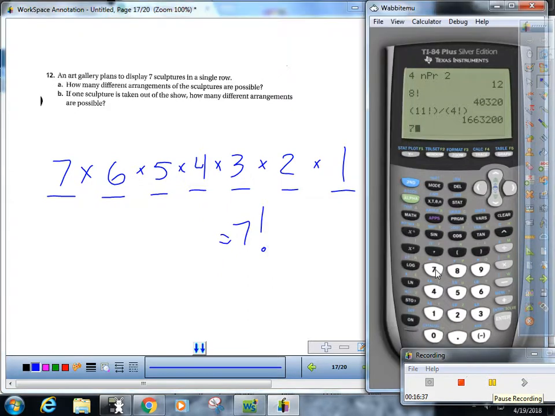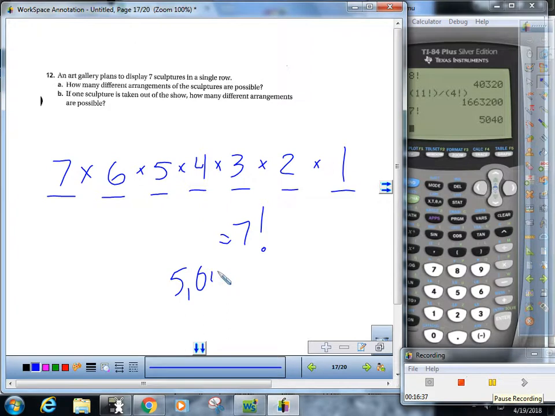So hopefully you understand that this is 7 factorial. So we just go 7, math, probability, and there are 5,040 different ways for you to arrange those sculptures. So that's the answer to part A. Alright, part B. If one sculpture is taken out of the show, how many different arrangements are possible?